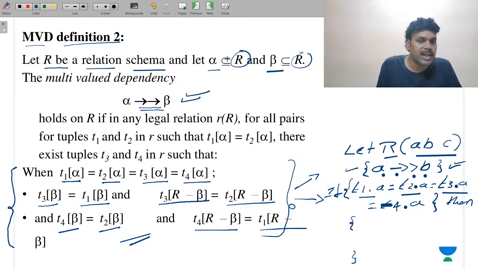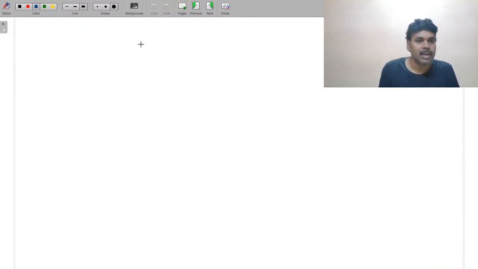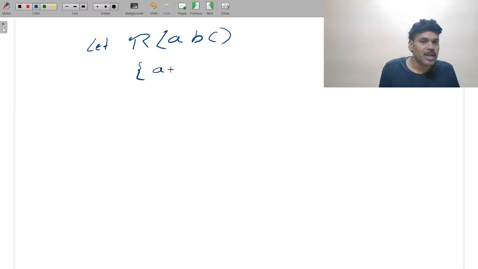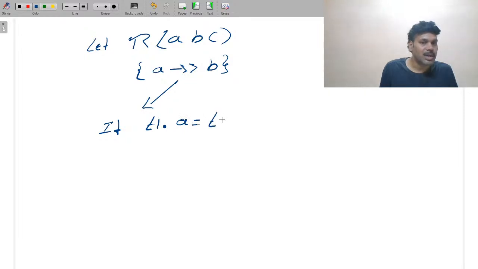So let me write the condition carefully. What is the condition? Let R be ABC, we want to say that A implies B. To prove this, what is the condition? If tuple 1 dot A is equal to tuple 2 dot A is equal to tuple 3 dot A is equal to tuple 4 dot A, then open the brace.